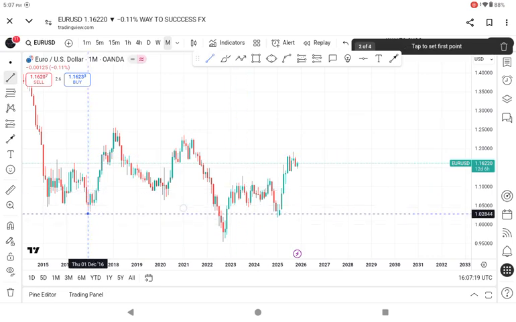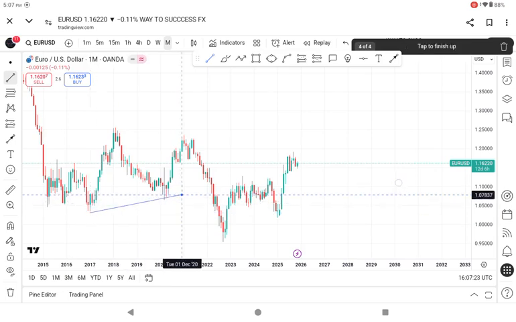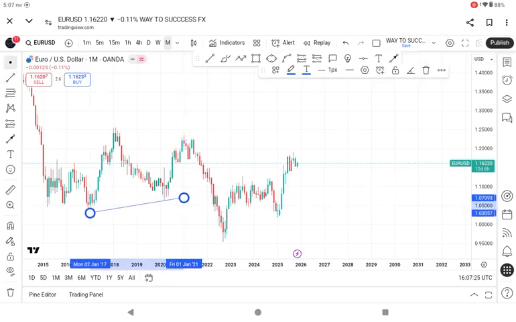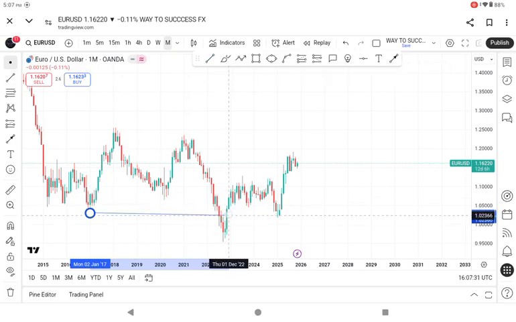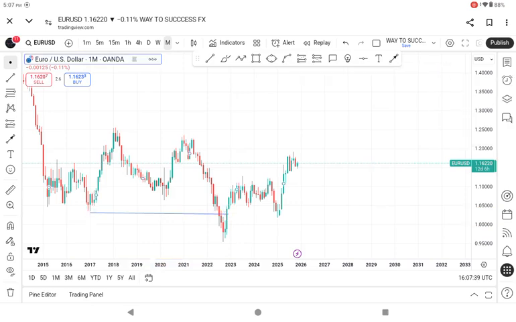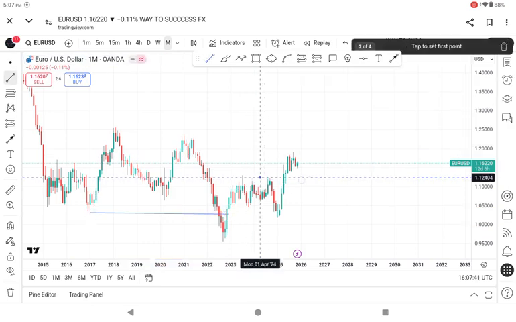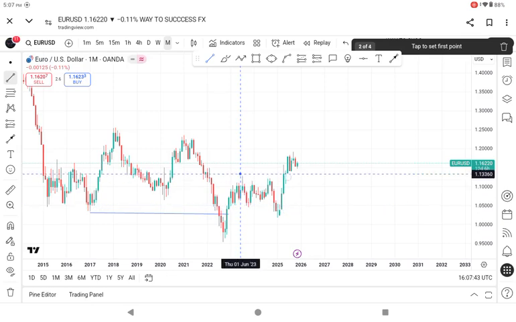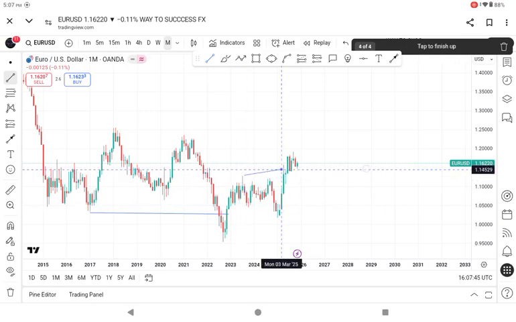Price took out this low here, and after that, price broke another structure here.